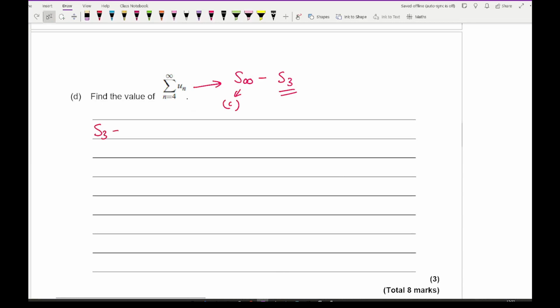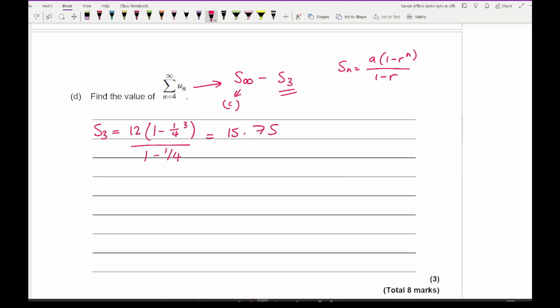So for the sum of the first 3 terms, again, I'm going to use the formula of A(1 minus r to the n) all over 1 minus r. So here I've got the first term, which is 12, and then 1 minus a quarter to the power of 3, all divided by 1 minus a quarter. Now if I type that all into my calculator, I get an answer of 15.75.